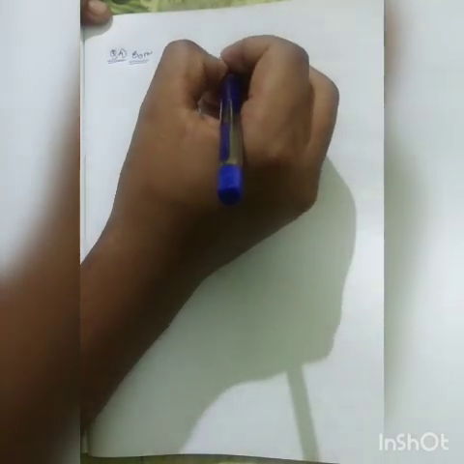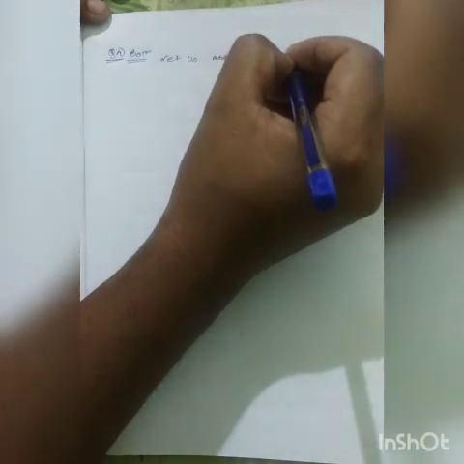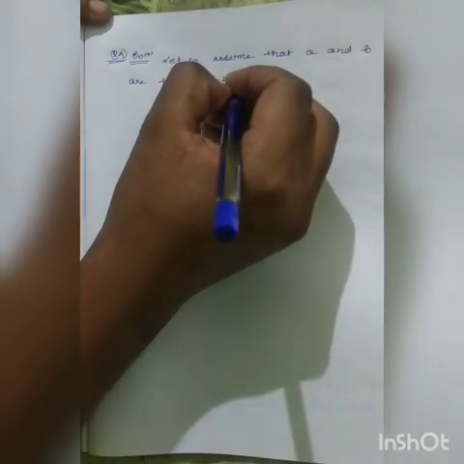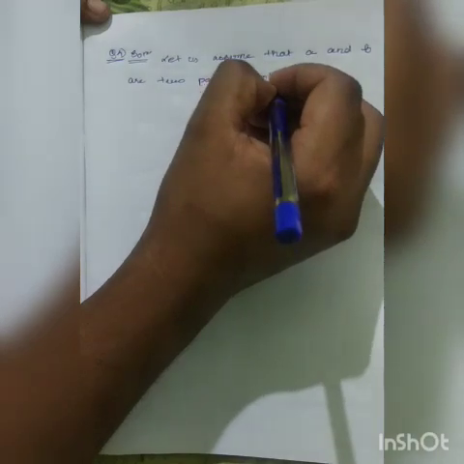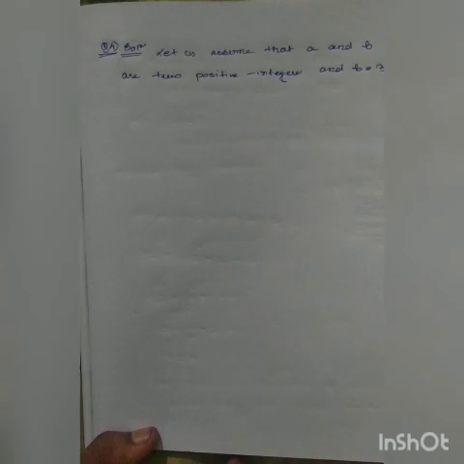Let us assume that a and b are two positive integers, and b is equal to 3, because 3 is also a positive integer. So we just randomly take 3. You can take any other number and prove it.